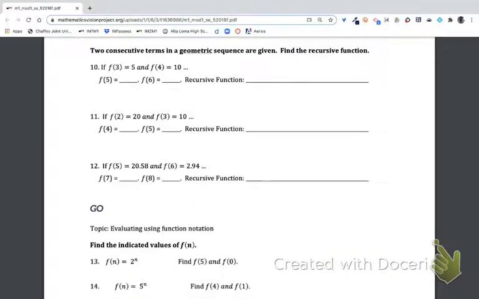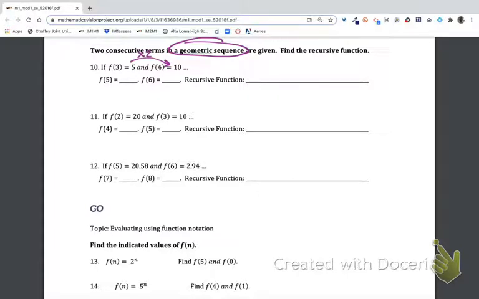For number 10, we are doing stuff with geometric sequences now. So we're looking at multiplying or dividing to get to the next number. So looking at our third term, we get 5. Our fourth term, we get 10, which tells me that I'm going to be multiplying instead of dividing. And I can, in fact, multiply by 2 to get each next term.